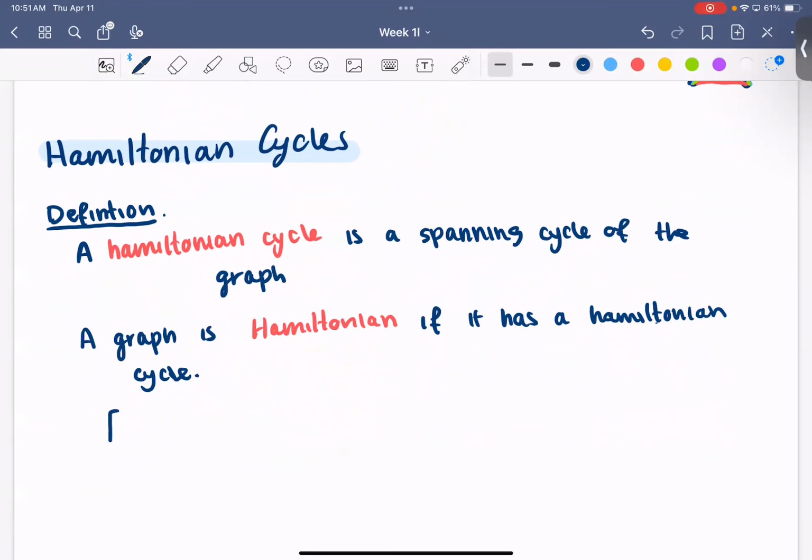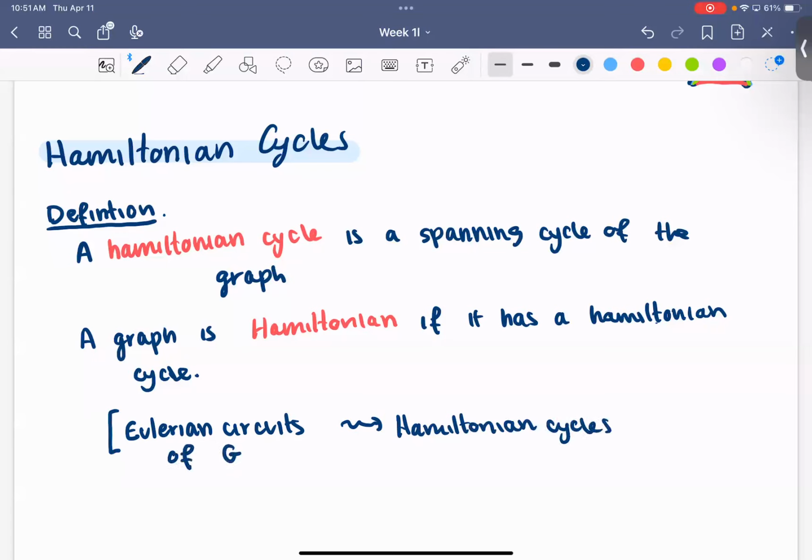This is just an observation, a correspondence between Eulerian circuits, which we talked about way back in the beginning. So Eulerian circuits of a graph G give Hamiltonian cycles of L of G.